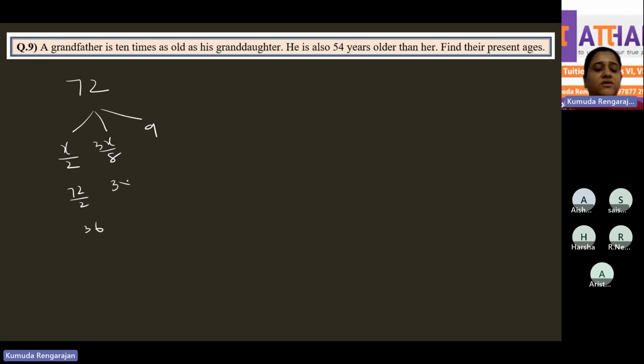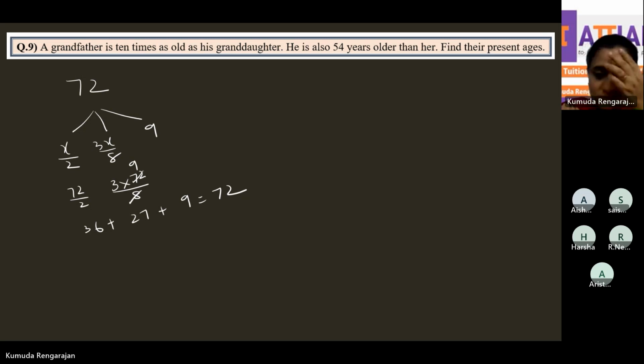Then 3x by 8, 3 into 72 by 8. 8 nines are 72. So 27 and 9. And all this should add to 72. We don't have to find these separately because the question is to only find the total number in the herd.